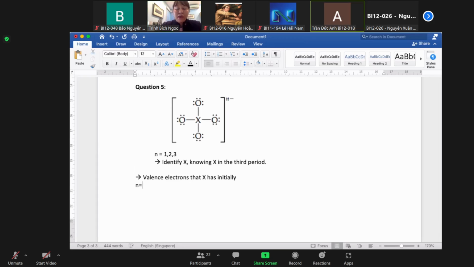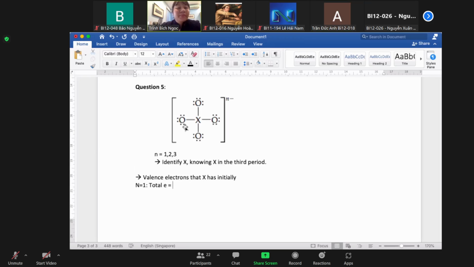So for n equal to 1, first you need to identify the total number of electrons. Count for me how many in this ion. Just count, please.